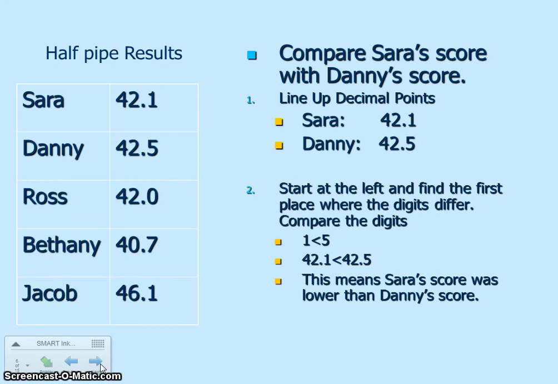So we're going to compare the 1 to 5, and we know that 1 is less than 5. So Sarah's score at 42.1 would be less than 42.5, which would mean that Sarah's score was lower than Danny's score.